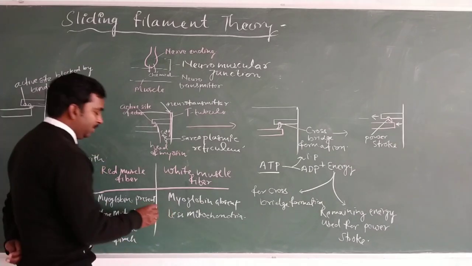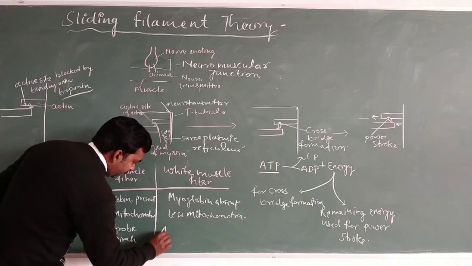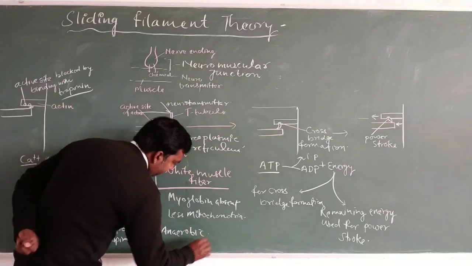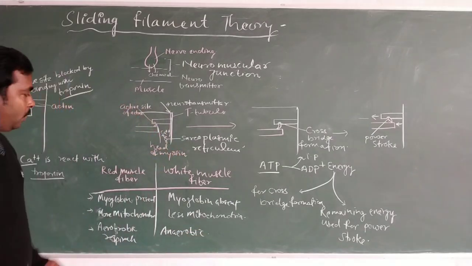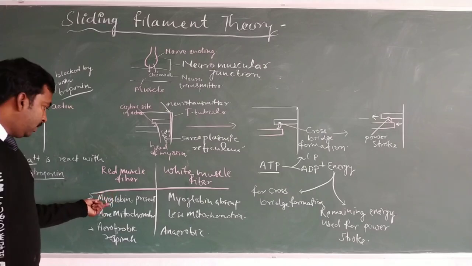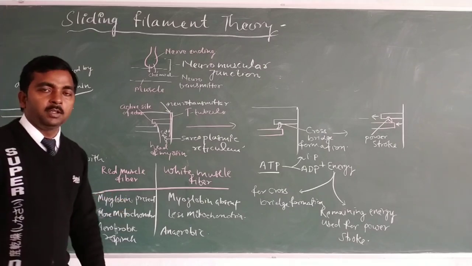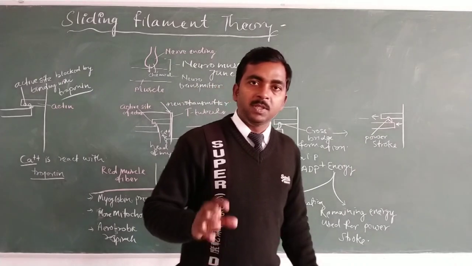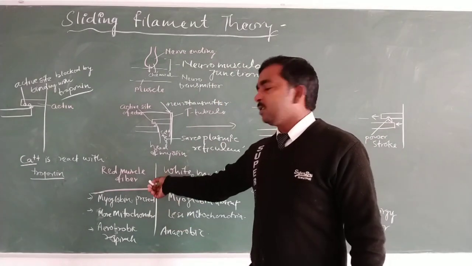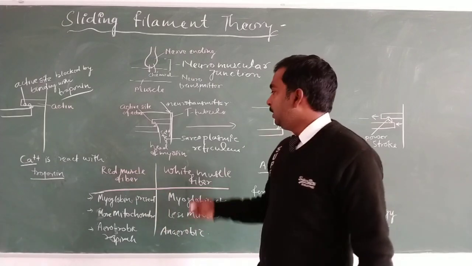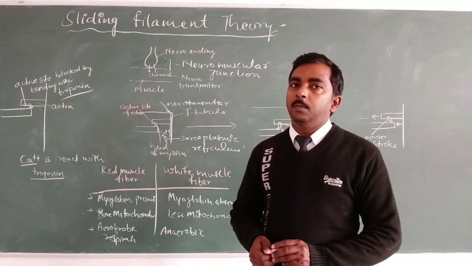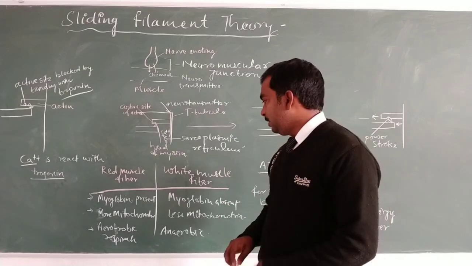While white muscle fibers perform anaerobic respiration. So white and red muscle fiber are distinguished especially based on the presence of myoglobin, and myoglobin is a special red colored pigment, and due to this the red muscle fiber appears red in color while white muscle fiber appears less red, or we can say colorless.